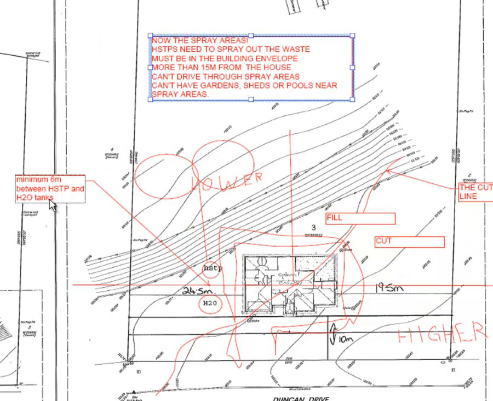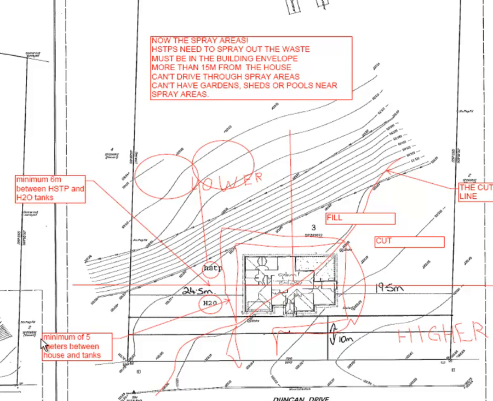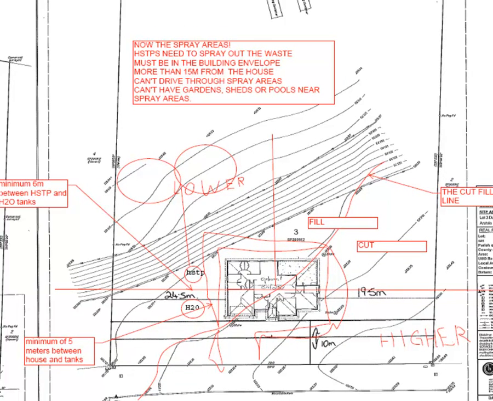Okay, so it's a minimum of 6 meters between the HSTP and H2O tanks. It's a minimum of 5 meters between house and tanks. Well, I can only hope that I've left you with a little bit more knowledge about how to position tanks. It's a very basic, simple illustration.